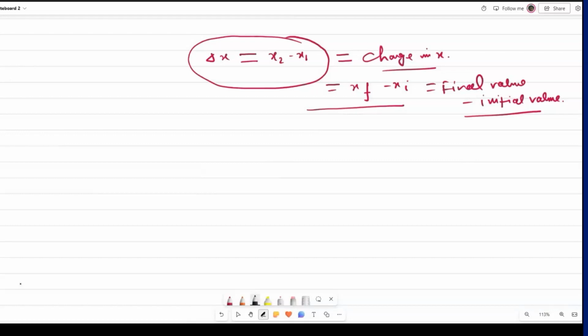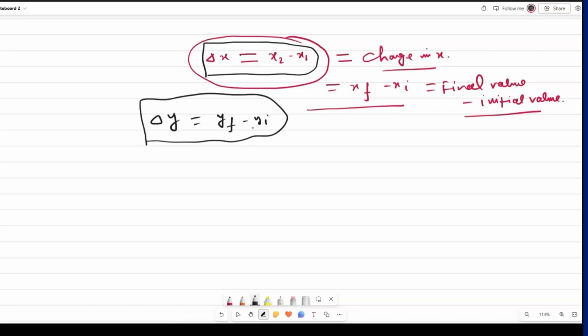Then it will be a math class, this won't be a physics class. So we'll just know the technique, how to differentiate, how to apply it in physics. Clear? So delta x stands for change in x. If somebody asks what is delta y? Okay, same thing. Delta y, change of y, that is yf minus yi. This is also change of y.